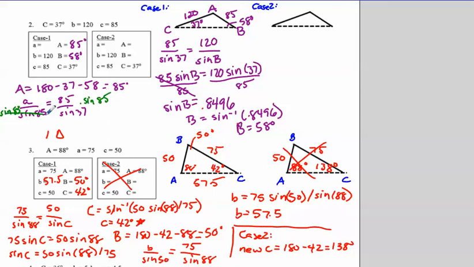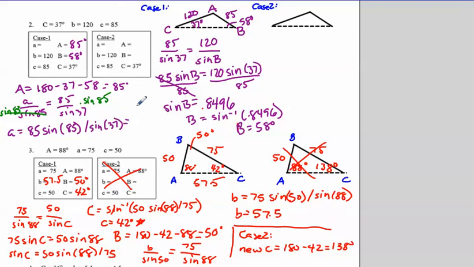That will cancel these out here, and I'm going to get, let's get rid of this so I have some space. A equals 85 sine 85 divided by sine 37.